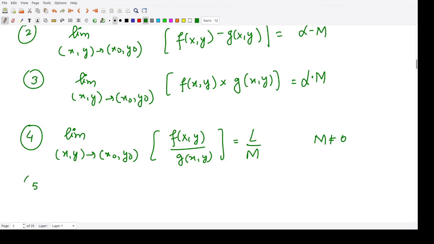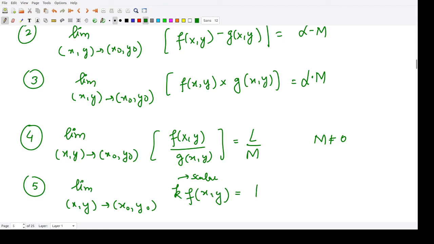The fifth property is the limit of k times f(x, y), where k is some scalar, which is k multiplied by the limit of that function.